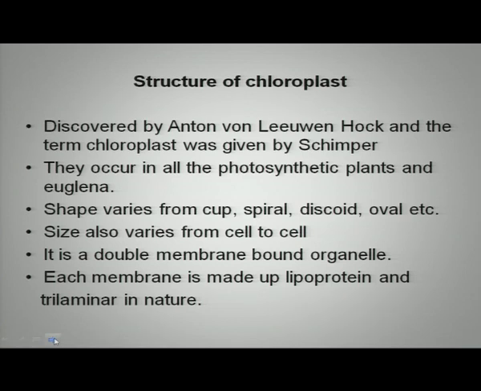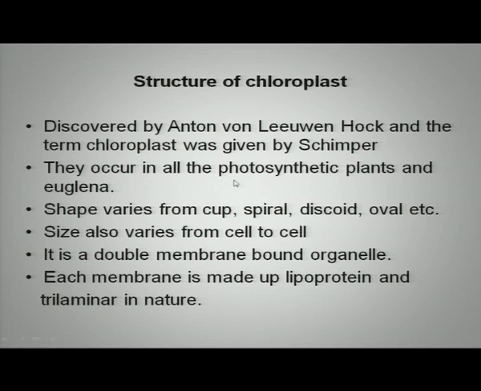Now, coming to the structure of chloroplast, yet another double membrane bound organelle present in all the plant cells, eukaryotic cells. They were discovered by Anton von Leeuwenhoek, and the term chloroplast was given by Schimper.